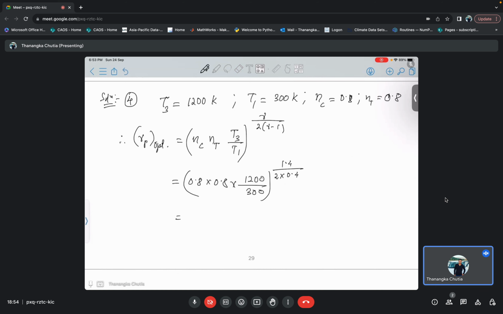So the optimum pressure ratio is equal to 5.18. Do you have any doubt?